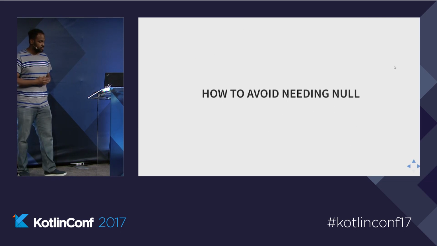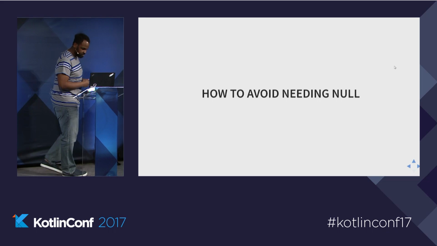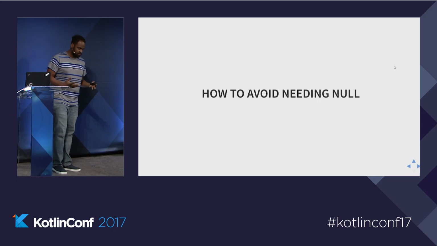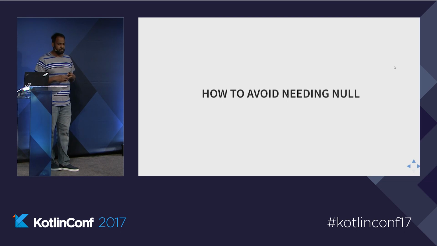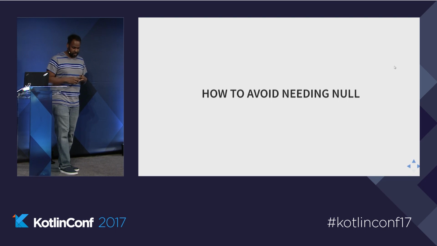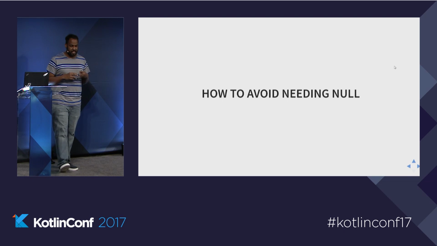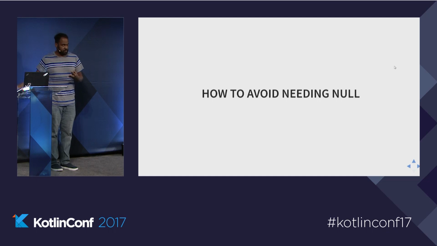Some of the ways that you can avoid needing something to be null is using late initialization. You can use delegation as well. But unless you are interfacing with a Java library or something, I haven't really found anything in Android apps that had to be null, unless there was an interface from some Java app that threw some error.